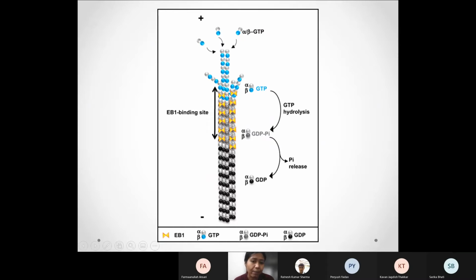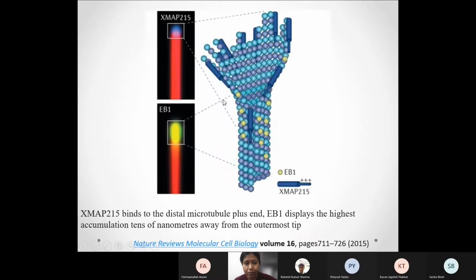But this part, which is GDP plus Pi, is what binds to EB1. So it definitely binds to the end, but not where polymerization is occurring, not where the new subunits are being added, but a little away from that. So here is again another example.